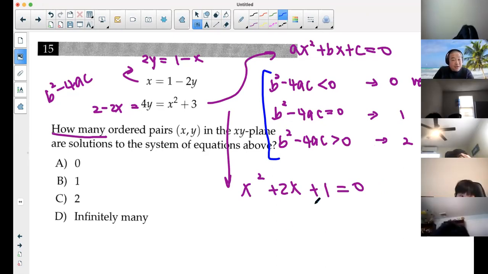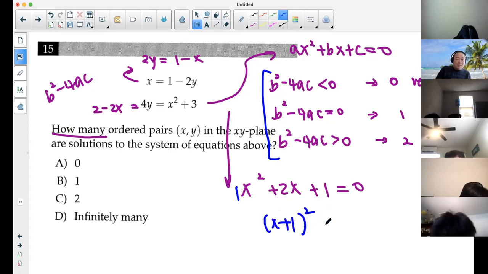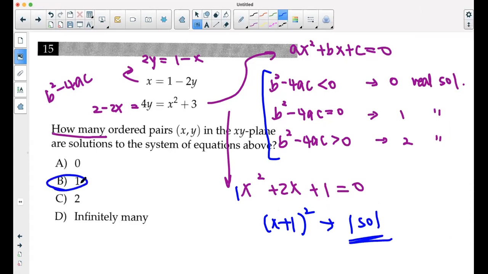But at the same time, what do you realize, guys? 121. Why am I saying 121? 121 is a perfect square, as you guys know. This is a perfect square, as in x plus 1 squared. So how many solutions will you end up getting? One solution. So we get choice B to be the answer.